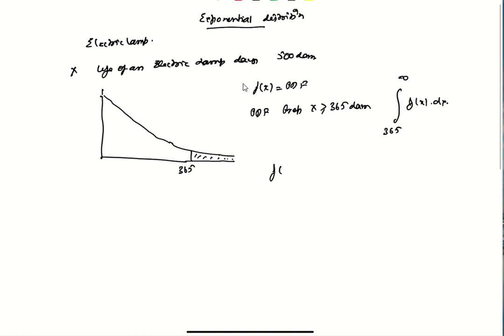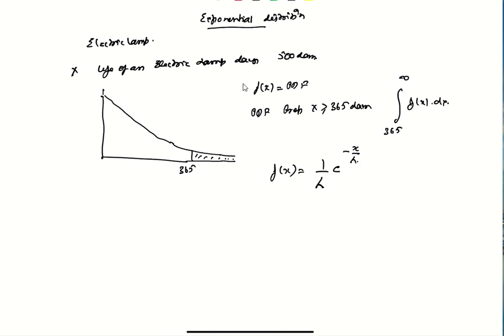So f of x for an exponential distribution is 1 over lambda e to the power minus x upon lambda, where lambda is a positive constant, and lambda is the average lifespan.